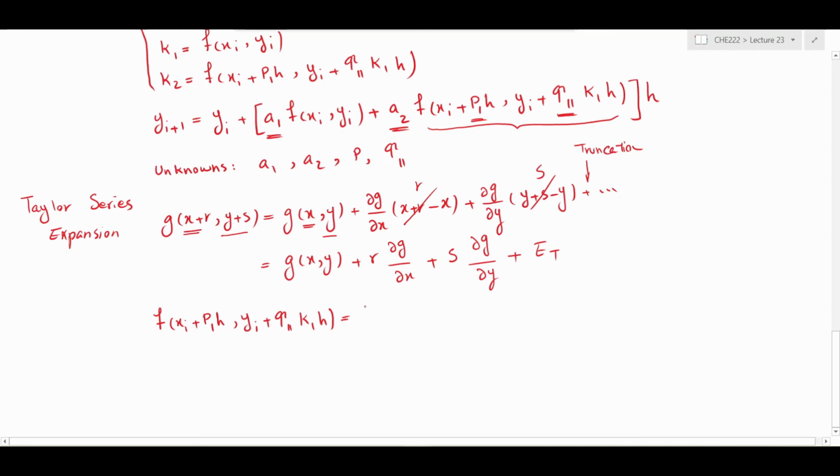So I can write this as f of xi and yi plus the variation in x multiplied by the derivative of f with respect to x, plus the variation of y multiplied by the derivative of the function with respect to y, plus the truncation error, which is of the order of h squared.